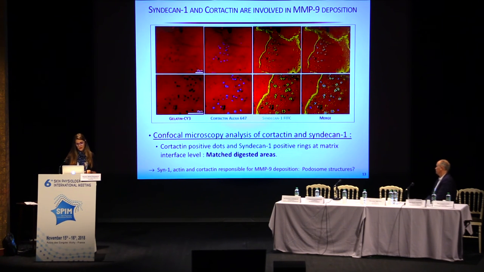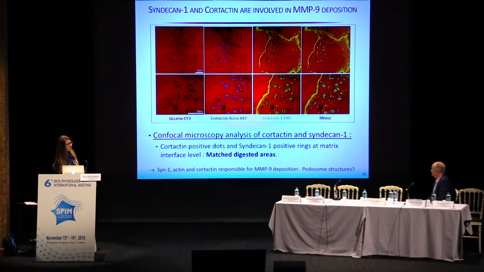Because these structures look like podosomes, which are specific adhesion structures associated with matrix degradation, we performed confocal microscopy analysis of one of the major components of the podosome, which is cortactin. As you can see, this protein is organized as blue dots located inside the digested areas, like actin before.